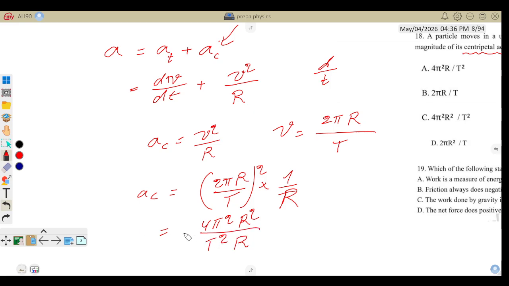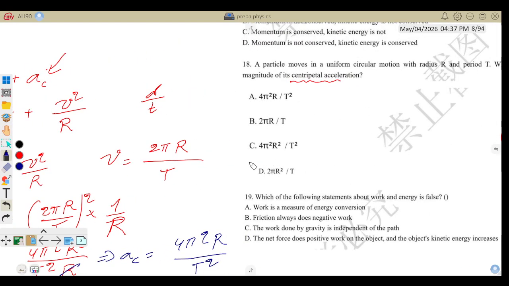We can get rid of one r here and this r. What's remaining is a_c equals 4 pi squared r divided by T squared. Let's look for this expression among these four statements. The one that is correct is actually A.